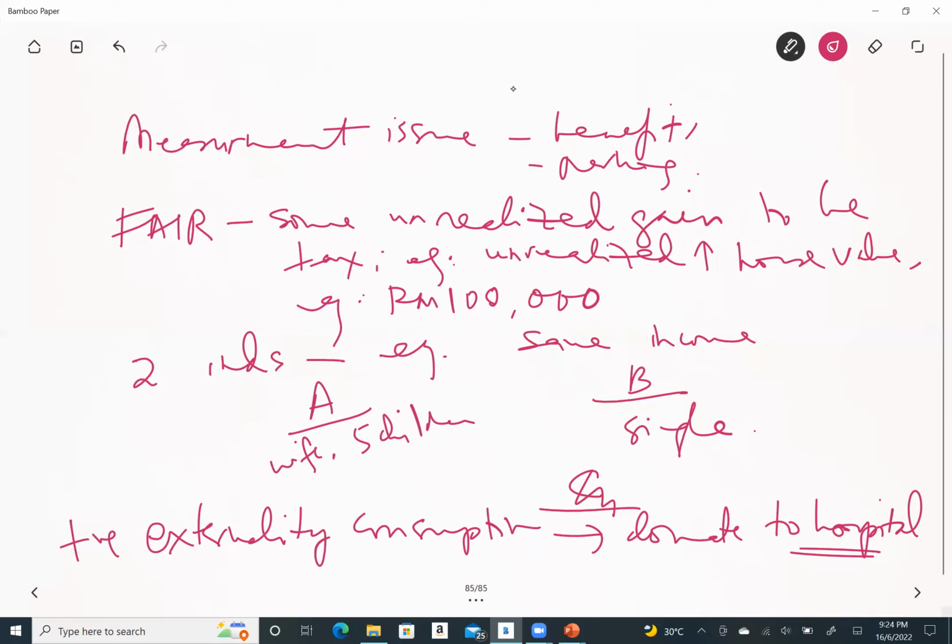If you remember, I mentioned last class, you want to measure income as comprehensively as possible, from all sources. That is to be fair, to be equitable.